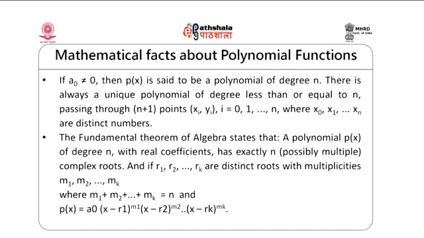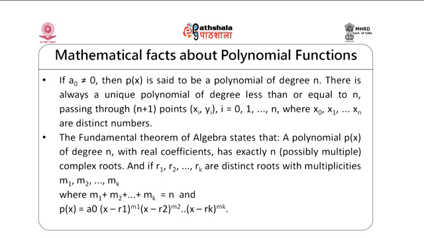Mathematical facts about polynomial functions. What we are trying to do here is first understand what polynomial functions are and what their mathematical characteristics are, so that we can better understand polynomials and use them for interpolation purposes.